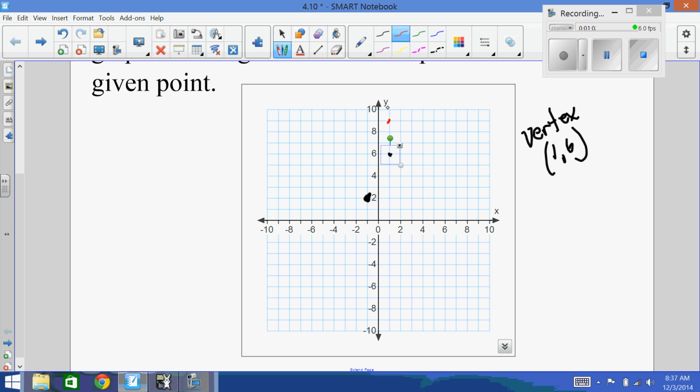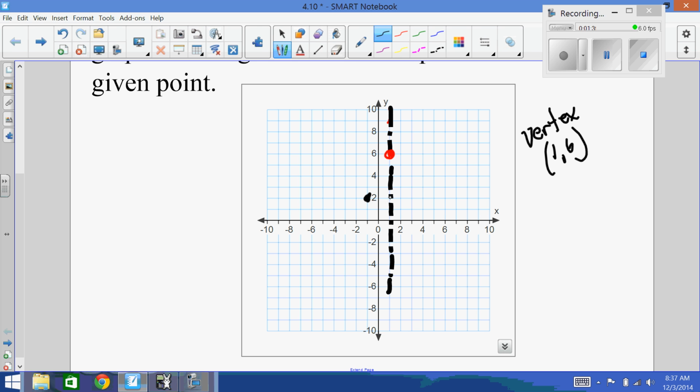This is my axis. Here's my axis of symmetry. All right, let me see, where's my (1, 6)? All right, so here's my vertex. Well, we know that this point is symmetrical to the axis of symmetry, so therefore I can find my other point.